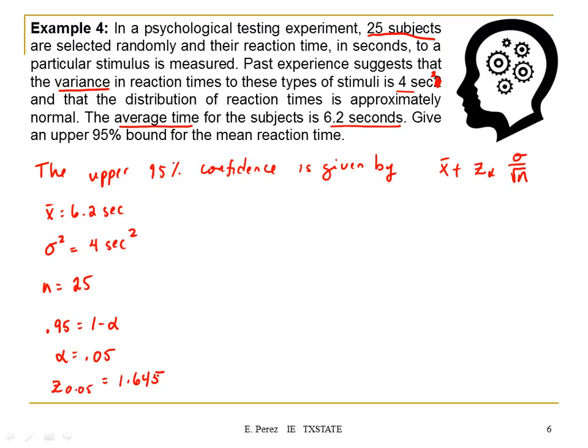The only thing that we need to do now is to plug these parameters into the upper bound formula. So we have 6.2 plus the z value, 1.645, times the standard deviation. What will be the standard deviation in this case? 2, over the square root of 25. And that is equal to 6.2 plus 0.658, which is 6.858 seconds.